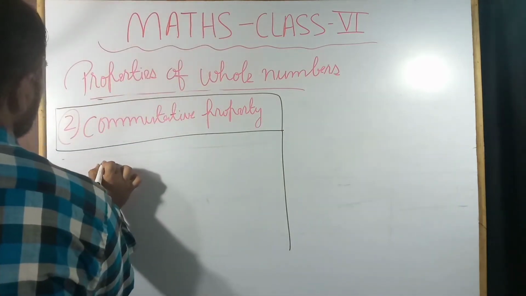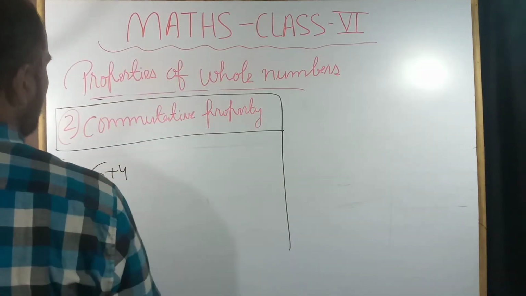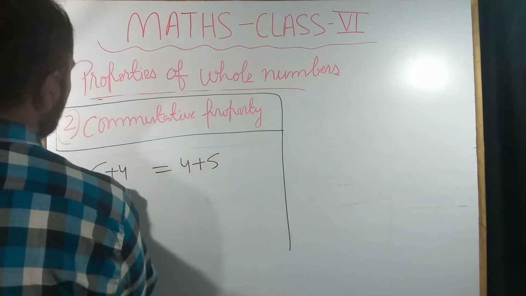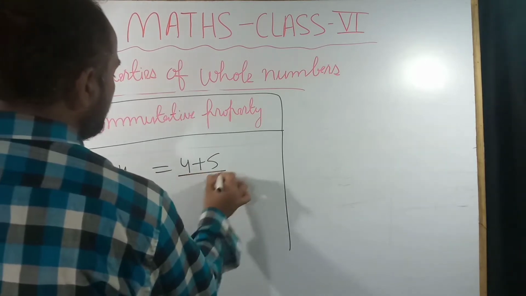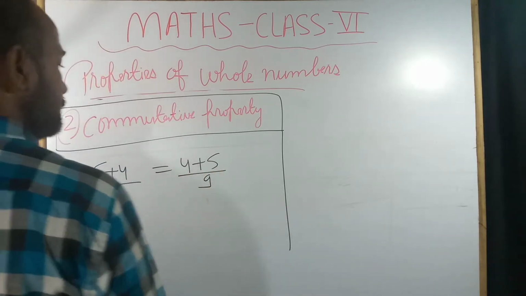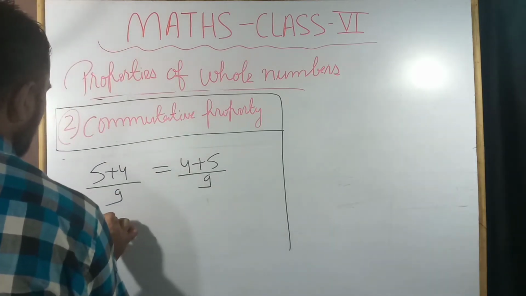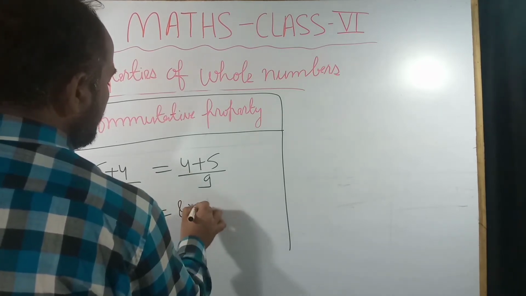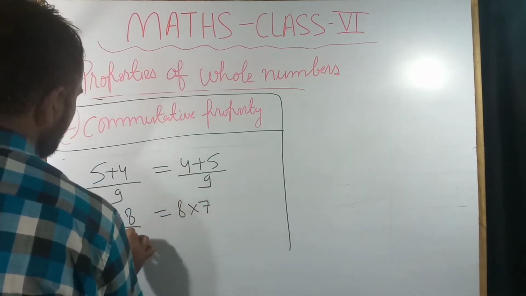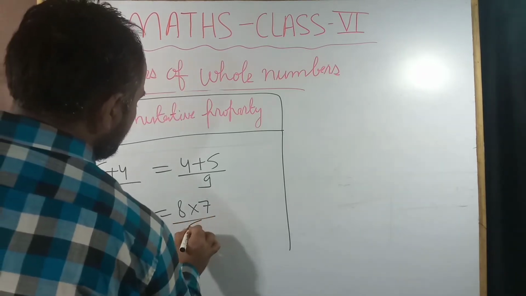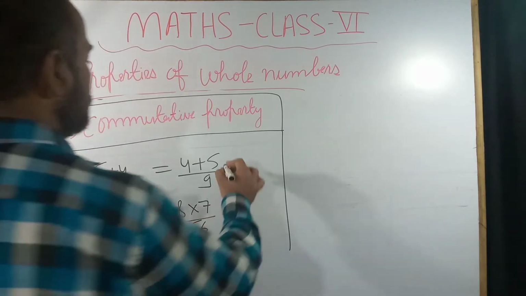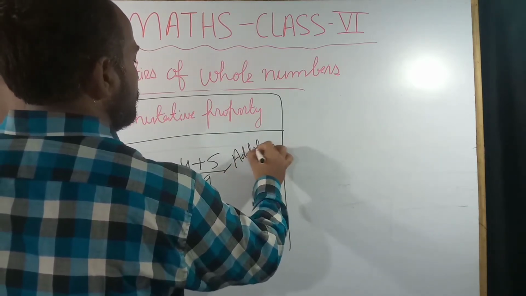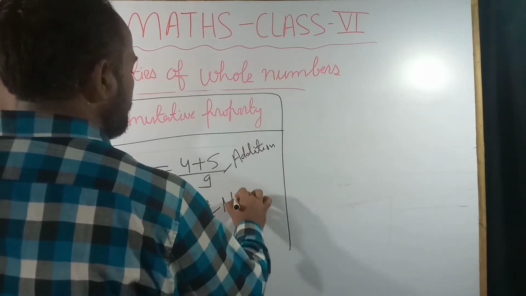I am taking two numbers, 5 plus 4 and 4 plus 5, and the answer will be the same in all cases. Whether I take 7 multiply 8 or 8 multiply 7, the answer will be the same. So it's the case of addition and multiplication.